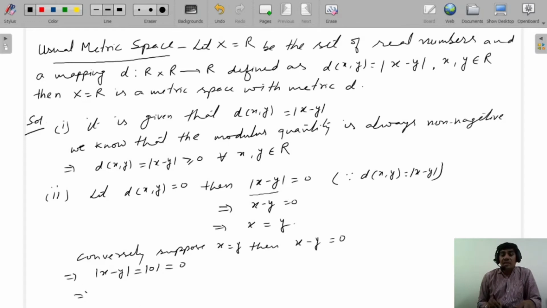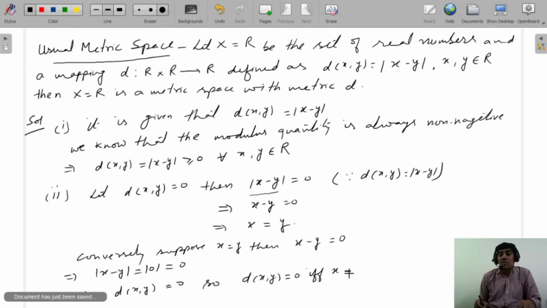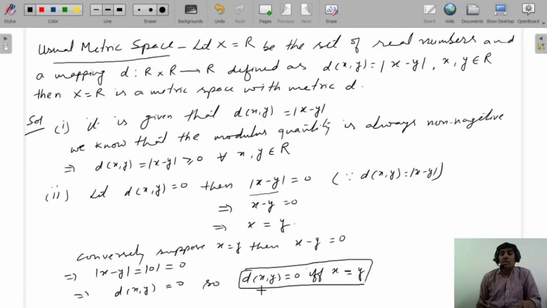This implies d(x,y) is equal to 0. So d(x,y) is equal to 0 if and only if x is equal to y. So the second property is also satisfied.